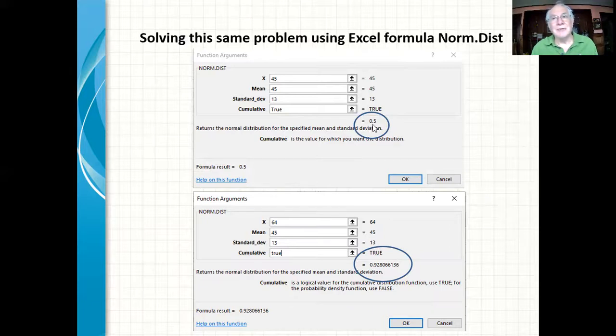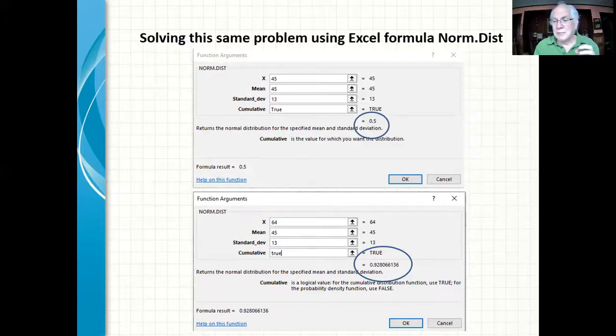I've been telling you that all along, so that shouldn't be a surprise. Then I put in 64 as the raw score, 45 as the mean, 13 as the standard deviation, true again, and it tells me 0.928, so 92.8% of the cases fall to the left of that point.